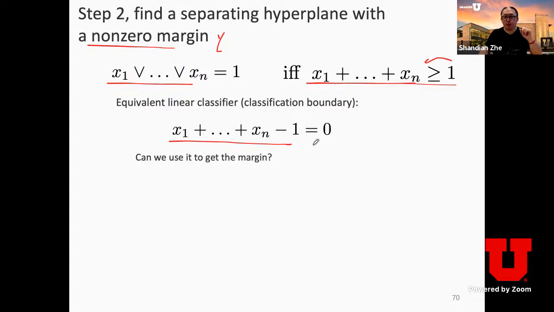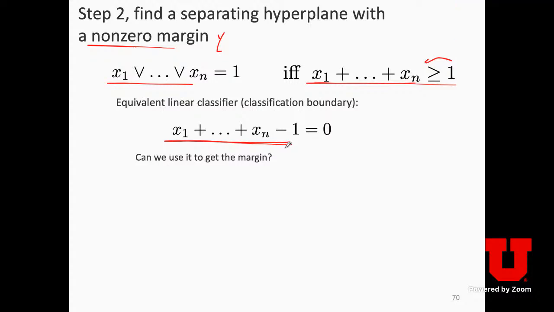Now I want to ask, can we use this separating hyperplane to get a margin and use that margin to obtain the mistake bound?